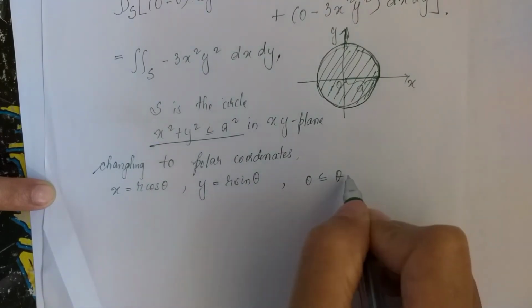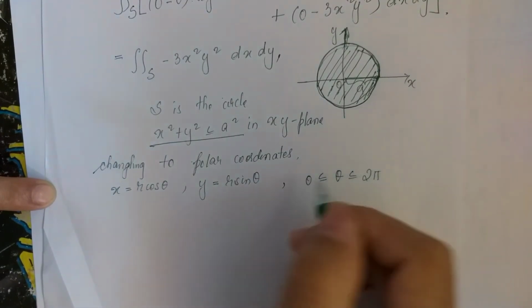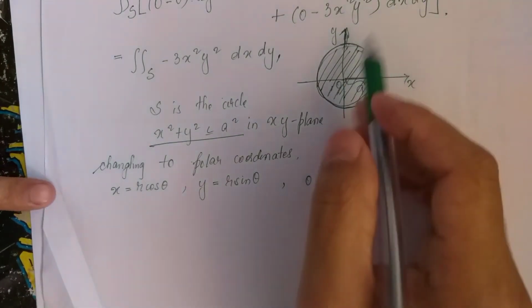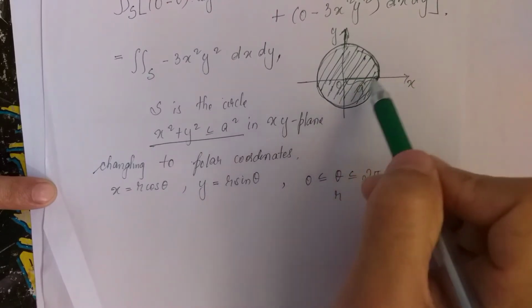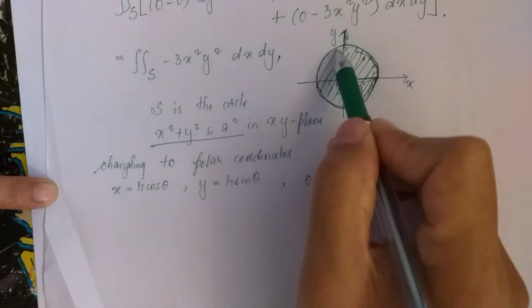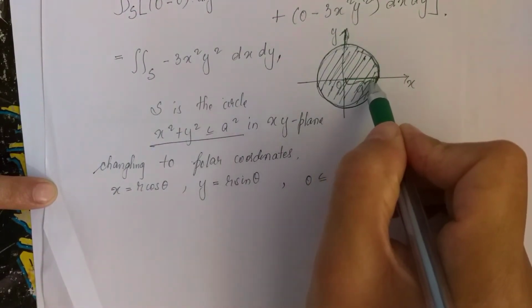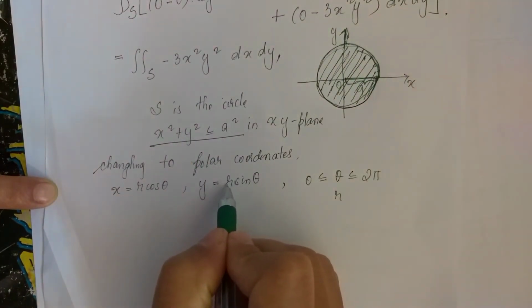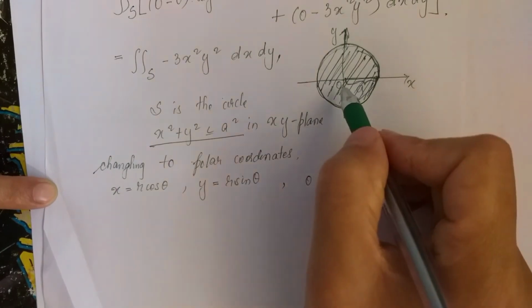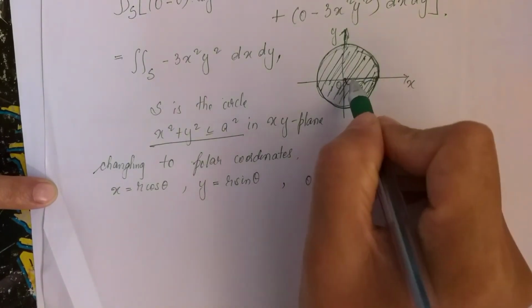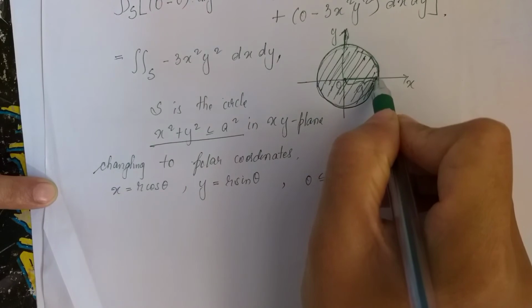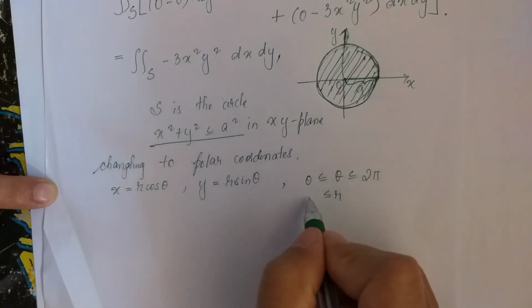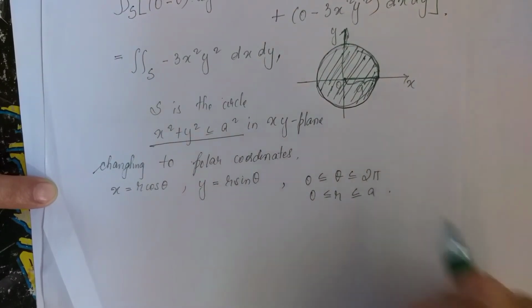Since we have all the points inside this circle, r is going to vary from 0 to a.